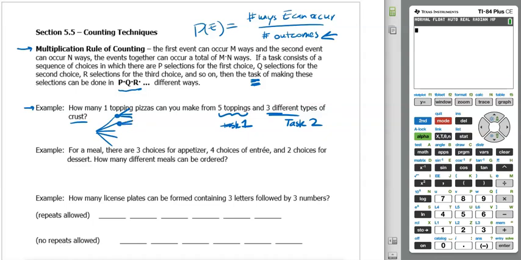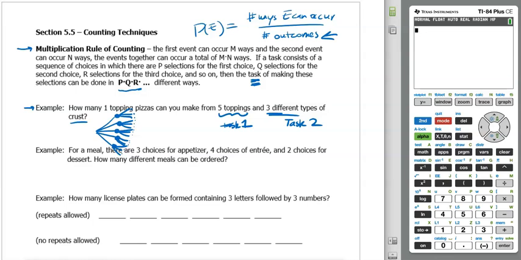So from each of the 5 toppings, there are the same 3 crusts. Then the total number of possible outcomes, or the total number of different pizzas, we would get by just counting the ends of these branches, the final terminal points. And just by counting them, we'd see that there are 15 of them.